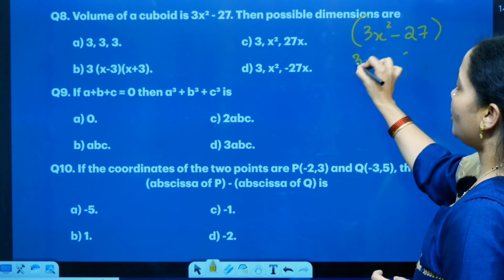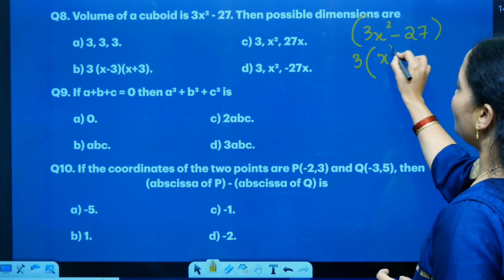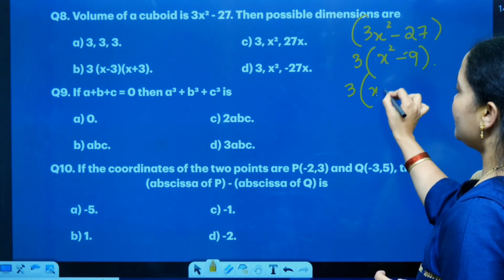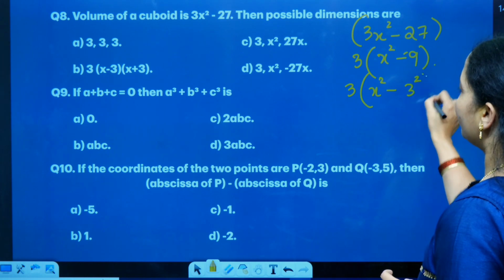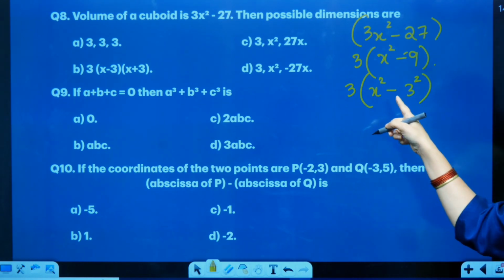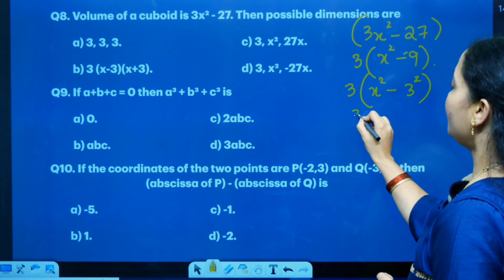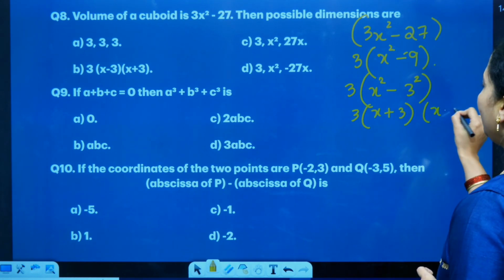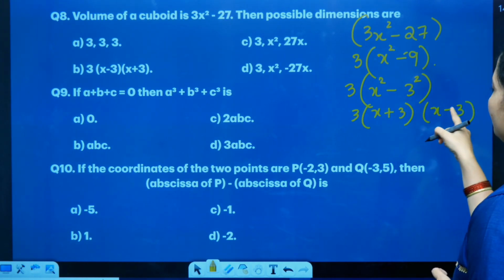I can take 3 common out of it. This will be x square minus 9. Now I can write this x square minus 9 as x square minus 3 square. It's giving me an identity format, a square minus b square, which will be 3 into a plus b, a minus b.